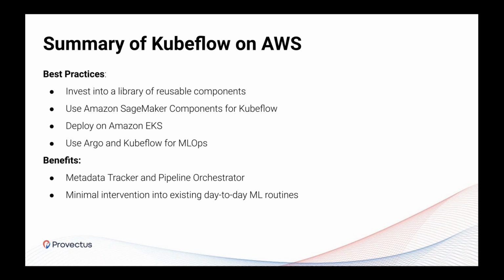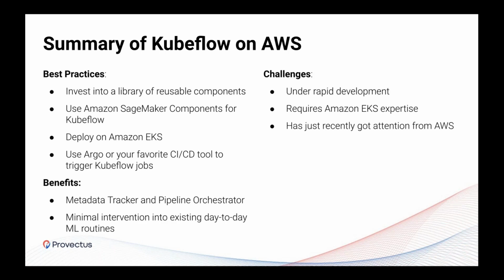Benefits: out of the box, you get a metadata tracker and pipeline orchestrator, with minimal intervention into day-to-day machine learning routines for engineers. However, a few challenges to be noticed here for Kubeflow. It's still under rapid development, so backward compatibility between different versions is painful.